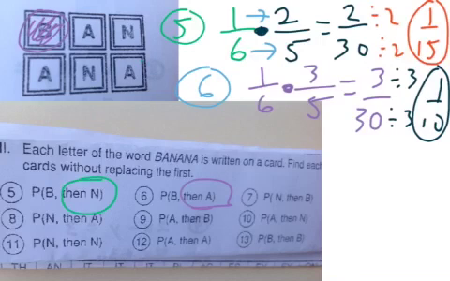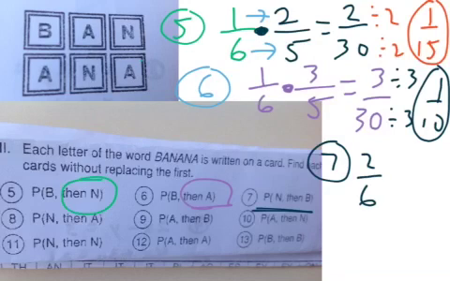Okay? And let's do one more real quick. Number 7 right here says I'm going to get an N. Starting over again, there's 2 out of 6 cards that are N's, correct? And let's say that N's gone.